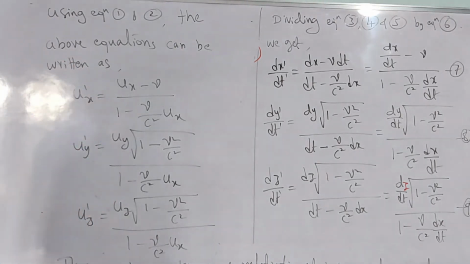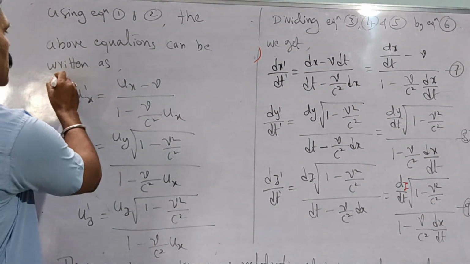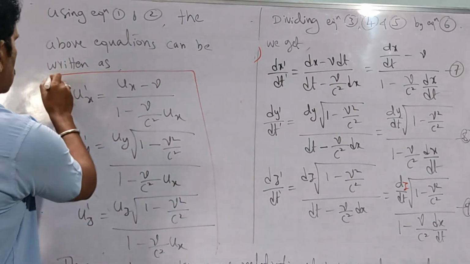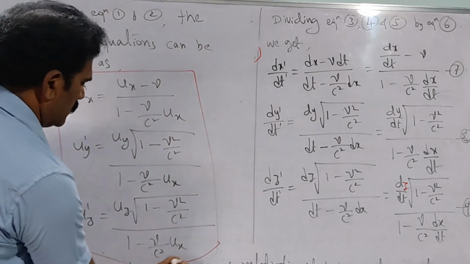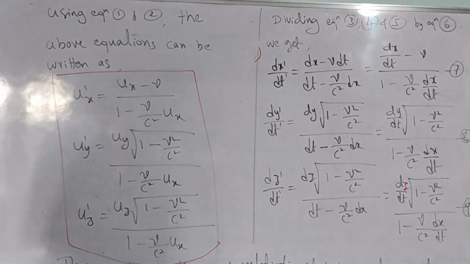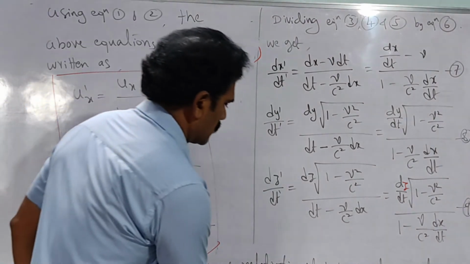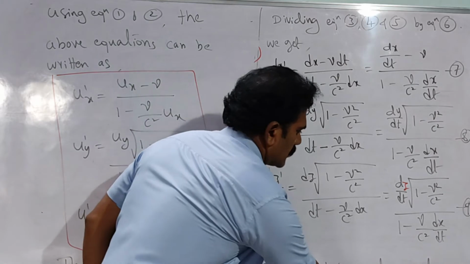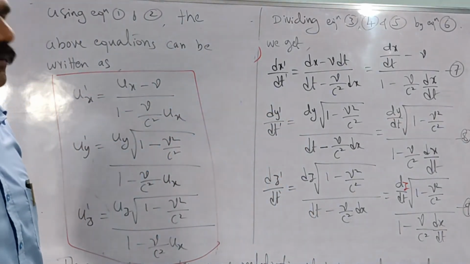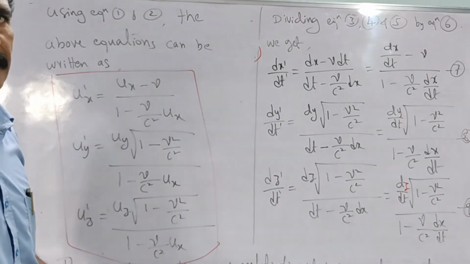This relation between the velocities of a particle with respect to both S and S dash frames is called the relativistic velocity transformation equations, according to the velocity addition theorem. Clear?